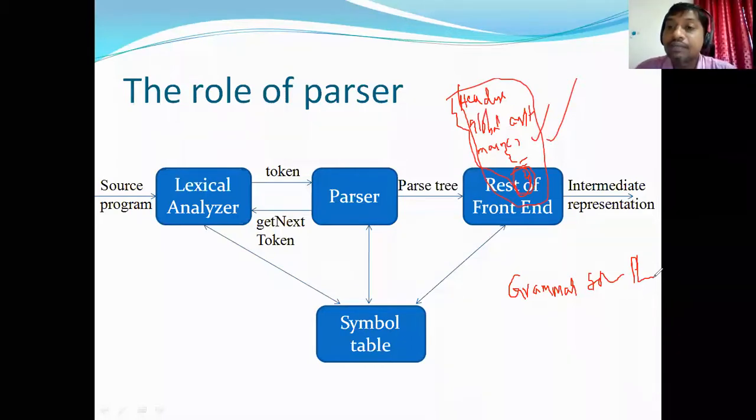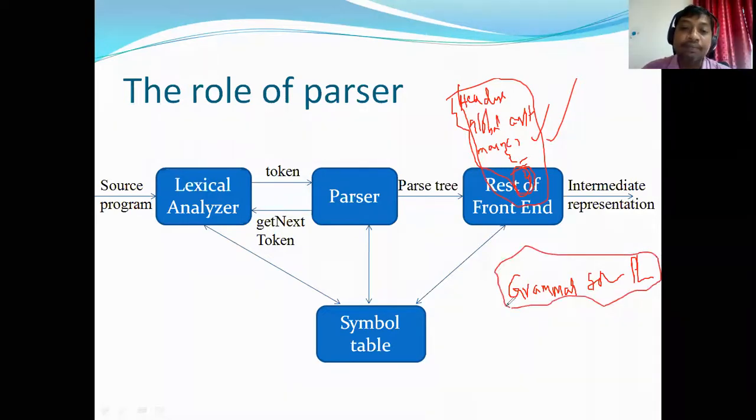Like if you take C, C has its own grammar. C++ has its own grammar. Like Java, or you can take any high level programming language, Python, Pascal, COBOL, they all have their own grammars. Usually the grammars corresponding to programming languages are said to be context free grammars.